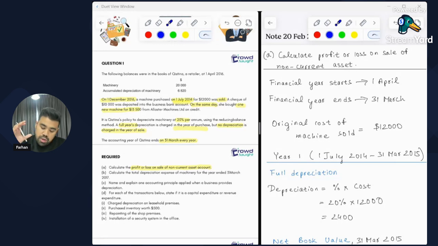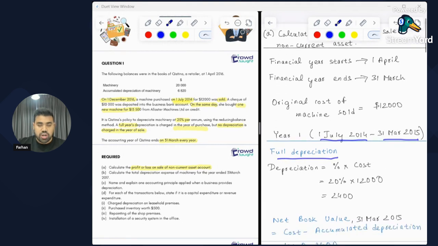Okay, now the first year of usage for this machine that we had sold is from 1 July 2014 all the way until 31 March 2015. And based on the company policy, we're applying a full depreciation in the first year. Although it's not 12 months that we had used this machine in the first year, we are still doing a full depreciation just because the company wants it to be done.